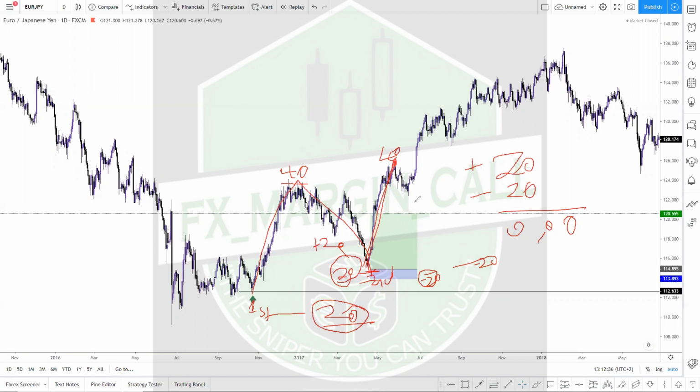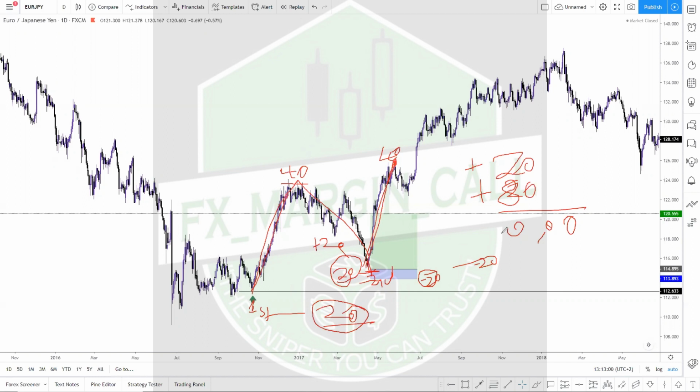And because the market moved the same distance as the initial movement, on the second trade we've got plus how much? Plus $80. So we've got $40 from the first trade, $80 from the second trade. So at the newest higher high, we have double money.